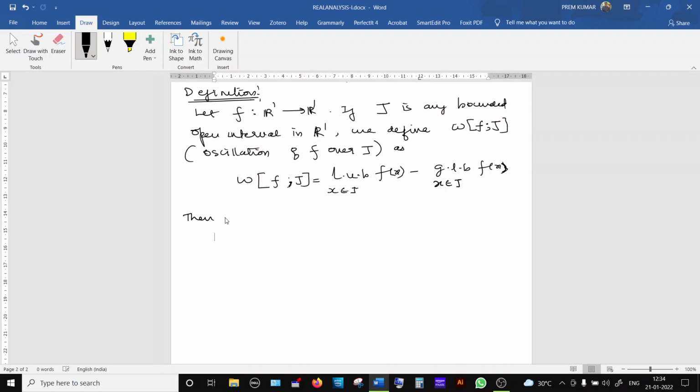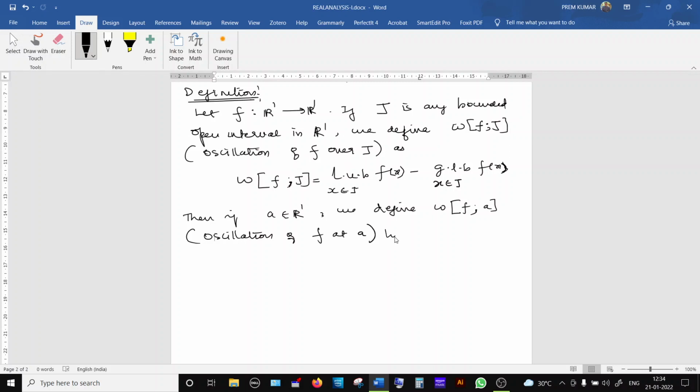Then if a is a real number, we are going to define another real number, called the oscillation of f at a point a. The previous one was the oscillation of f over a set.